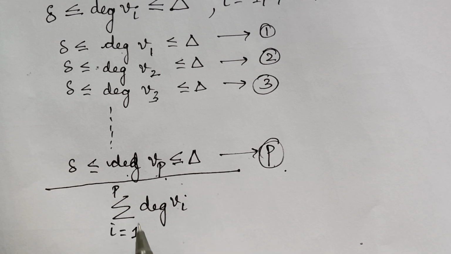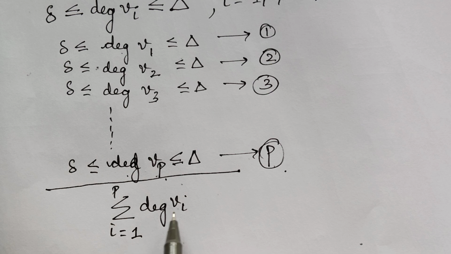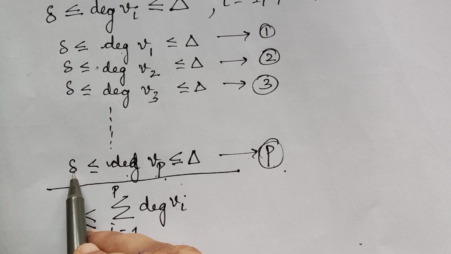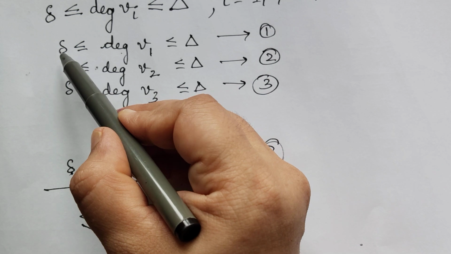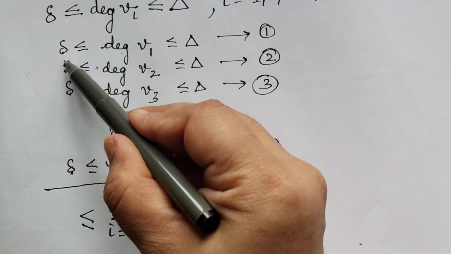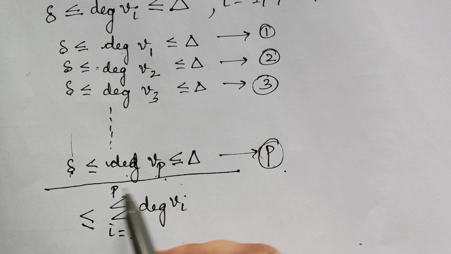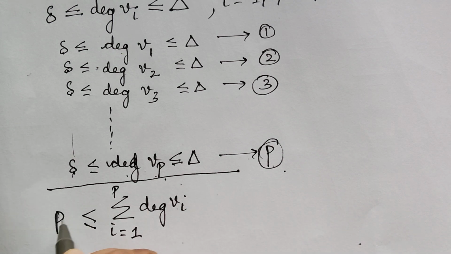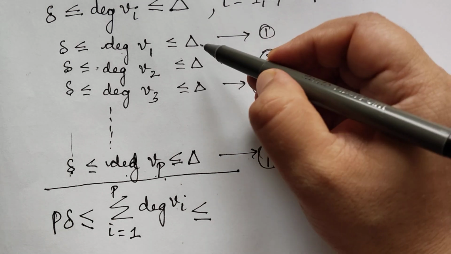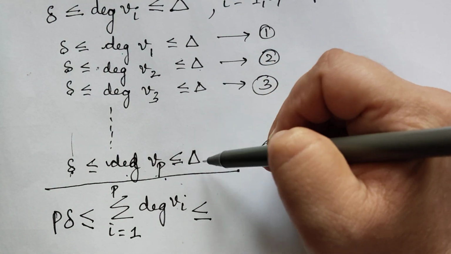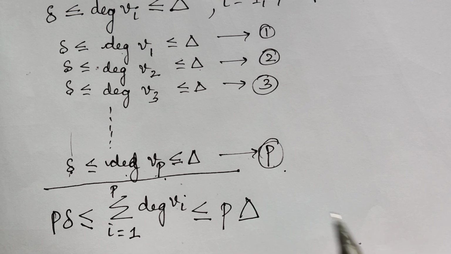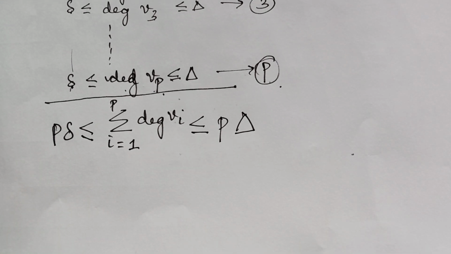So p number of vertices are there, you are adding all the degrees, and that will be greater than or equal to, now here you have delta how many times? p times, because here you have plus delta and plus delta. When you sum up all this, you will be having p times delta, and this will be lesser than or equal to capital delta added up p times, which will be p times capital delta. So this is the inequality that we get.